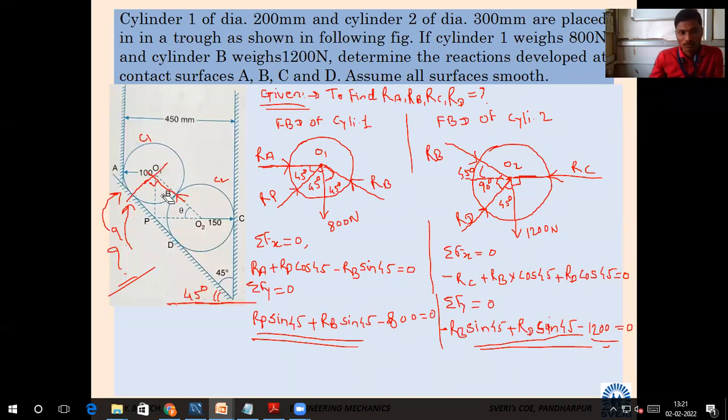Because this top side roller, or we can say the top side cylinder, is not going to touch the inclined surface. I am not saying this just like that. What I did is use one software: I drew a vertical plane. I will show that in AutoCAD, which we are going to learn. If you are in mechanical or civil, definitely you will learn.